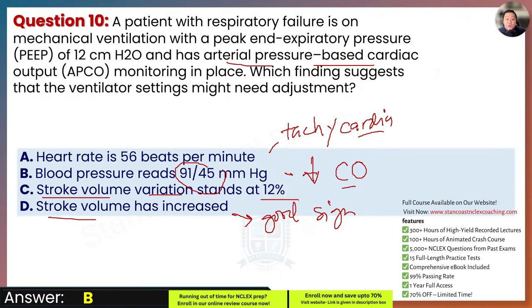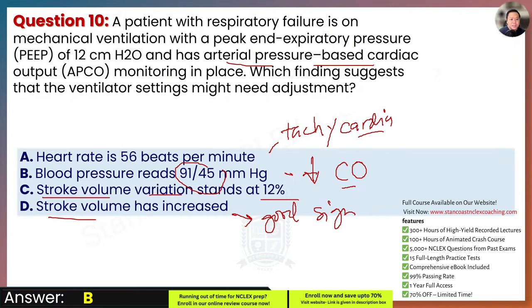So when you encounter this type of question, you've got to focus on the interaction between PEEP and the cardiovascular system. Also remember what PEEP can do to the intrathoracic pressure. It will cause an increase in intrathoracic pressure.